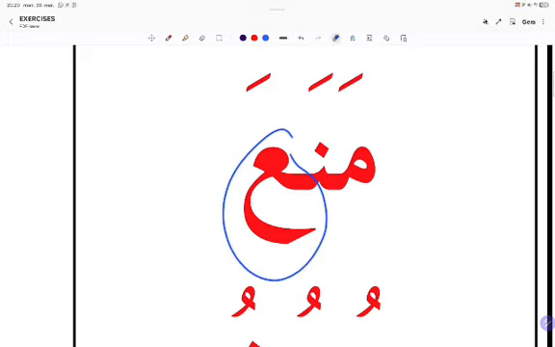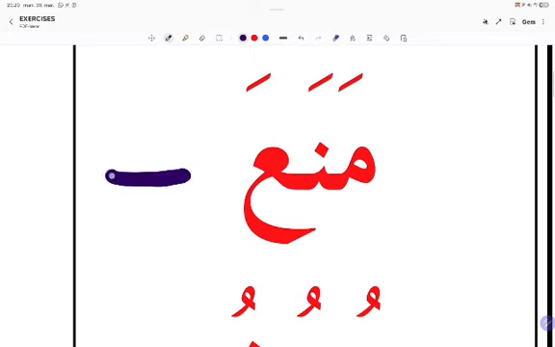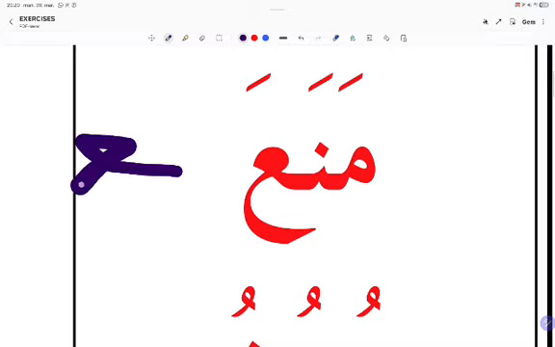This one in the end, how can we know that it is ain? Because when it ends, first it has a triangle head at the end, and second, it has a round stomach like it normally has.